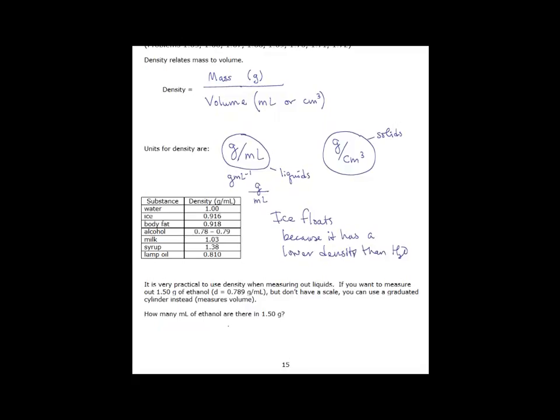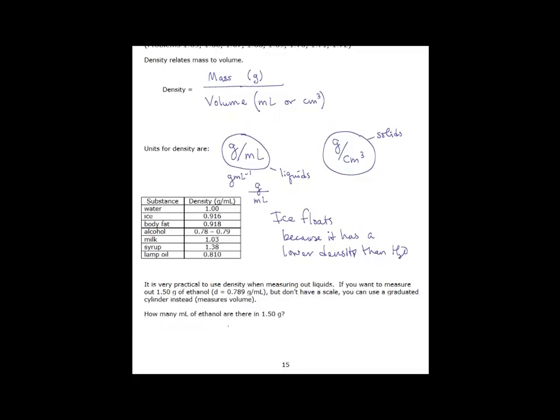So this is very important, the fact that ice floats on water. Think about ponds and lakes, that the ice floats in the wintertime so that things are able to live underneath. So you can go ice fishing. But if ice were more dense than water, there would be a problem.